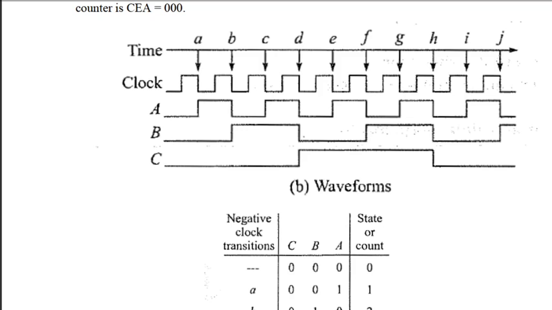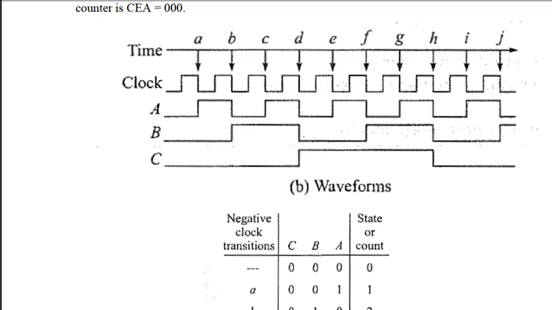At point b, the clock again goes from high to low, so A will change. It was at 1, so it will go to 0. At c it will go to 1 again. At d it goes to 0 again, and keeps on doing like that. In the second case, B is triggered by the A output. Since it is negative edge triggered, whenever A goes low, B will change.